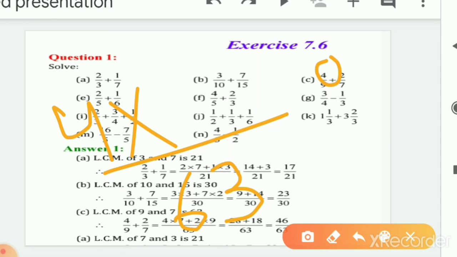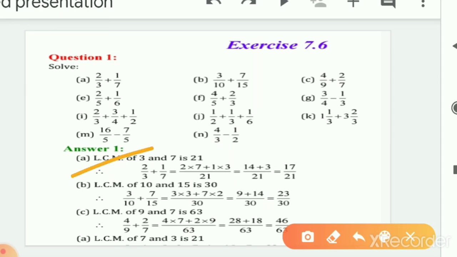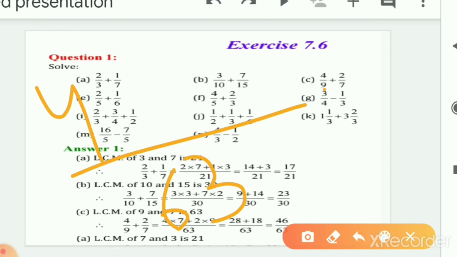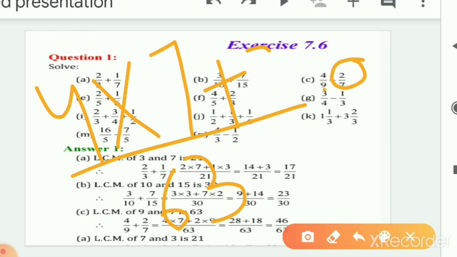Now tell me, 63 will come as it is, 4 will come as it is. In the table of 9, 63 comes how many times? 9 7 ja 63, plus will come. 2 will come as it is. Now in the table of 7, 63 comes how many times? It comes 9 times. 7 9 ja 63, right?